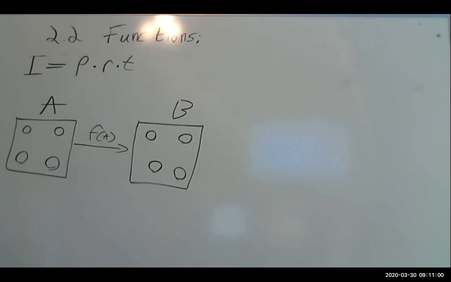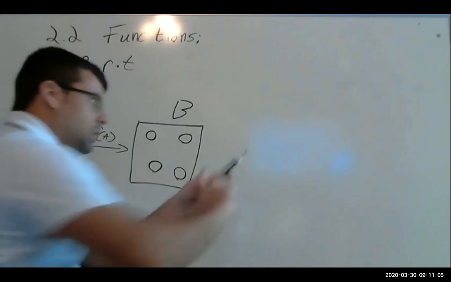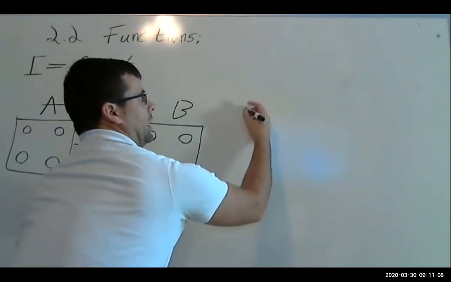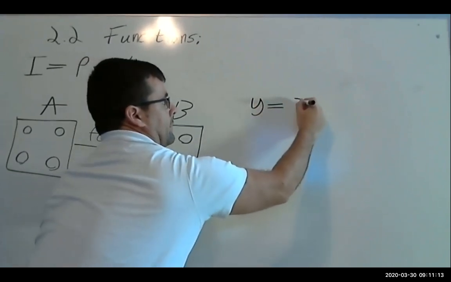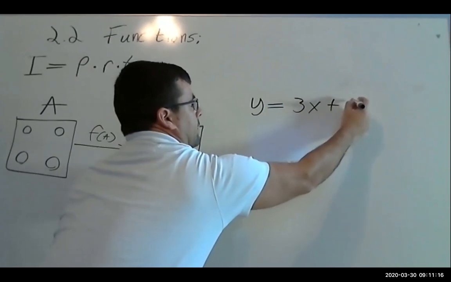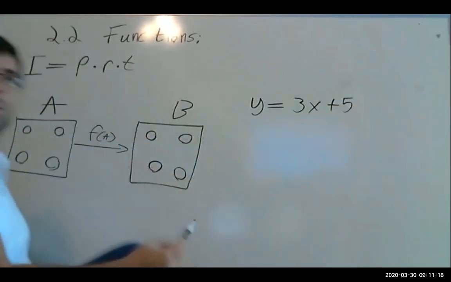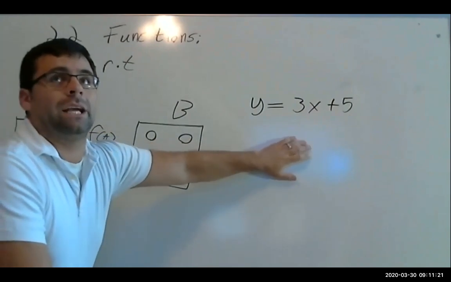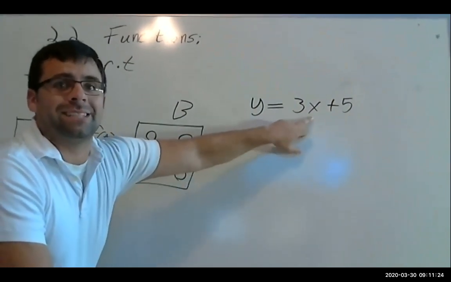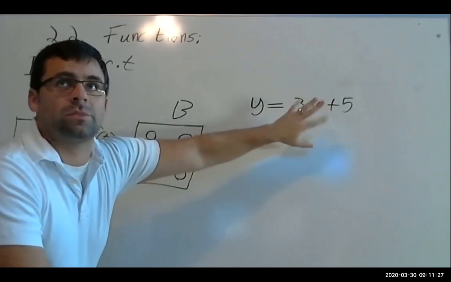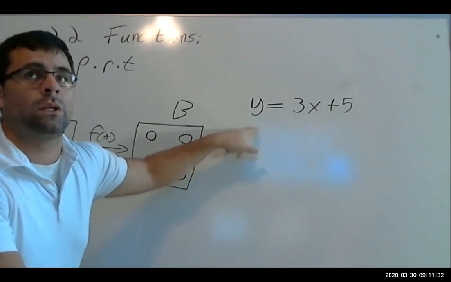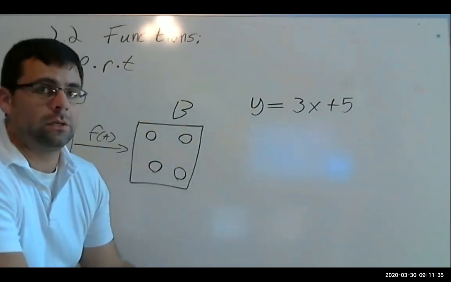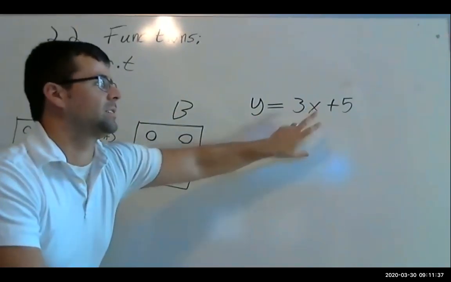Another way that you guys may have seen this is when you're talking about equations of lines. So the idea is your input is X, and then some stuff happens to X, and the thing that you get out is Y. So this is a map. This is called a map from X to Y.